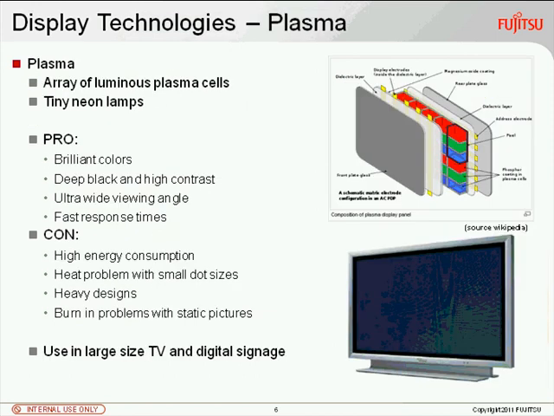So now we leave the bistable and energy-saving technologies and come to another kind of display technology. Plasma technology is quite an old technology, but still used in large-size TV sets or digital signage monitors. How does it work? Here it's cut off. So these cells, these color cells, are the plasma cells, and these are small cells that really produce light.